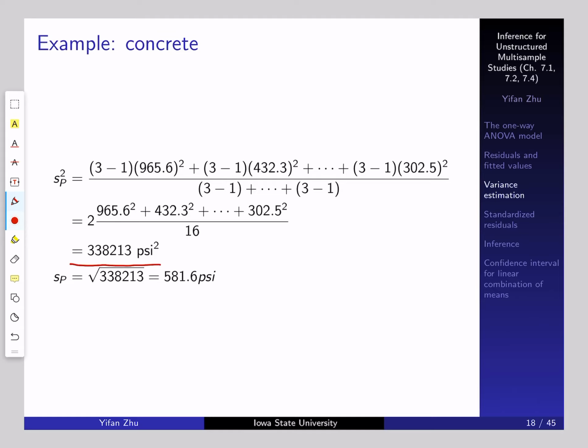And the square root of that is the pooled sample standard deviation, which is 581.6.